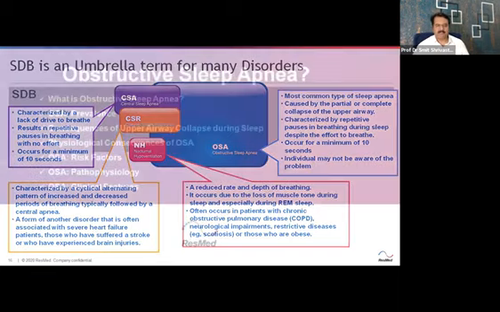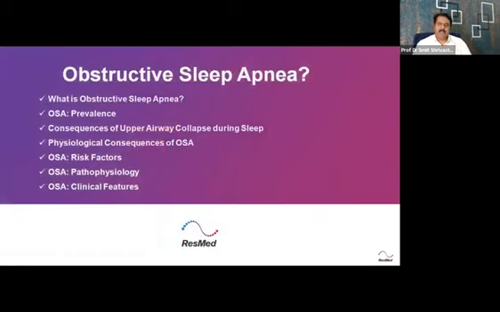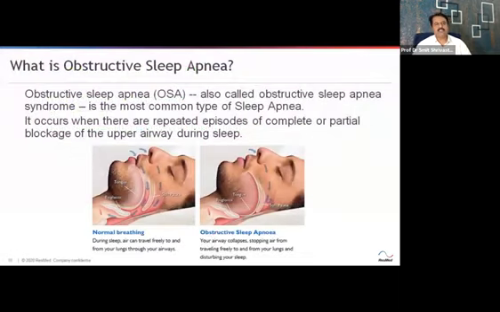Obstructive sleep apnea, the major part to understand, is the most common type of sleep apnea. It is usually seen in males, usually obese males or those who have a short neck, or those who have some adenoid problems.